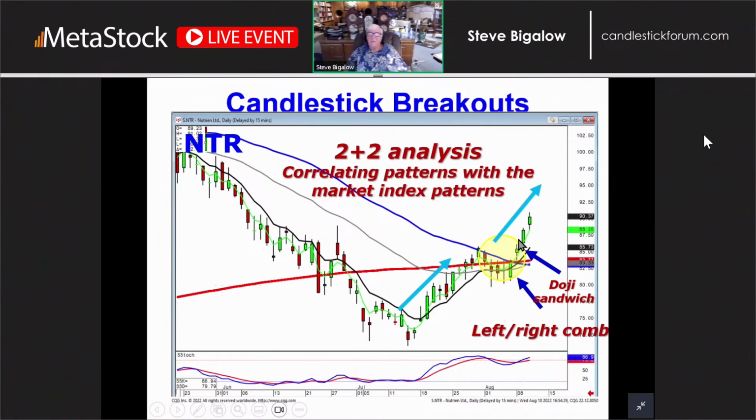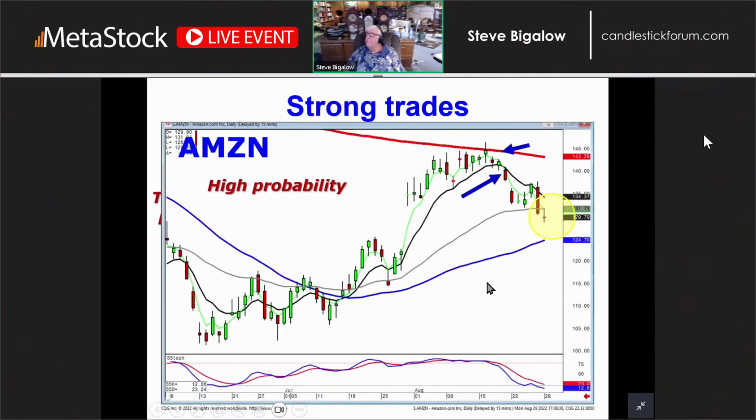So the next time they came back up through the T-line, the 50, well, everybody and their brother who watches the moving averages is up. They're breaking out. We're already buying because of the pattern setup, because we know that everybody else is going to start coming in because they see that the 50 is not acting as a resistance anymore.